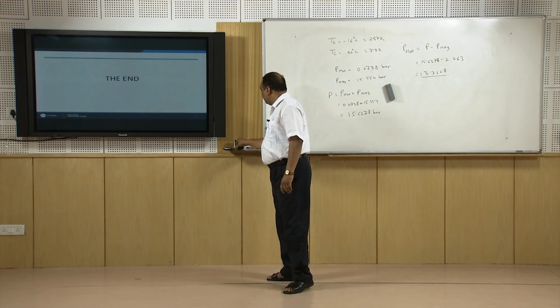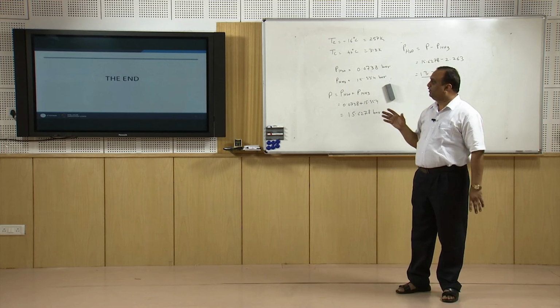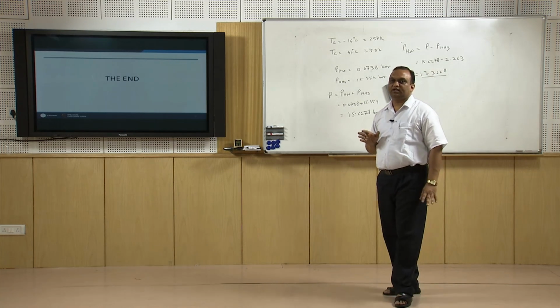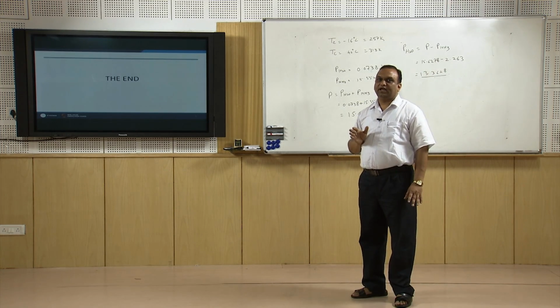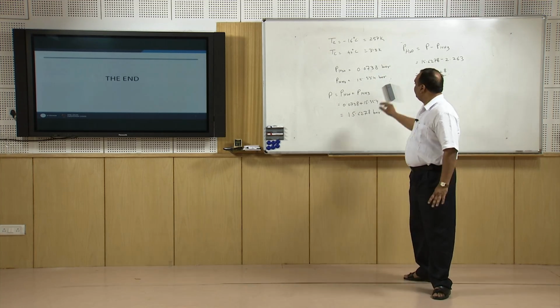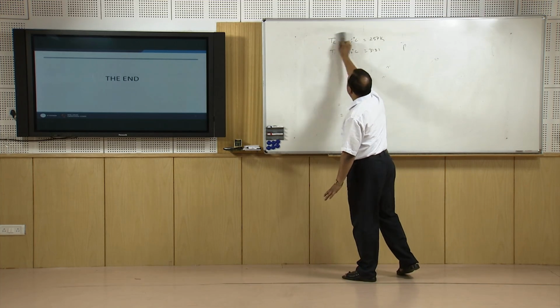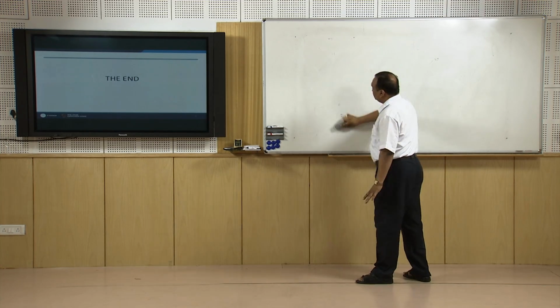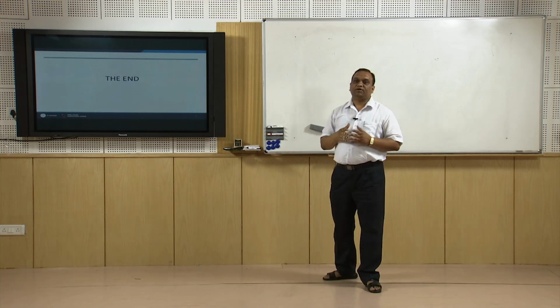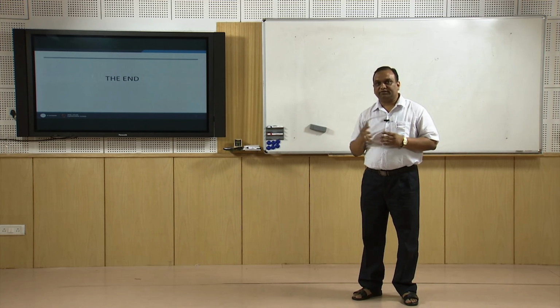So we have completed almost, so today we will be finishing the refrigeration systems, and next class we will start with the air conditioning systems. In refrigeration systems we have covered air refrigeration systems, vapor compression refrigeration systems, multi pressure systems, multi evaporator systems, and multi compression systems.